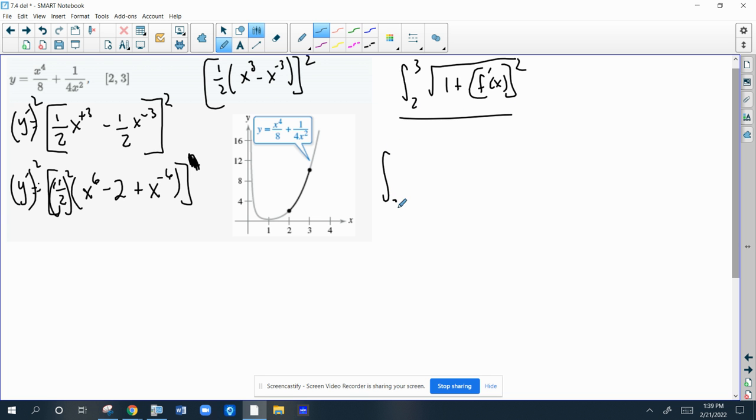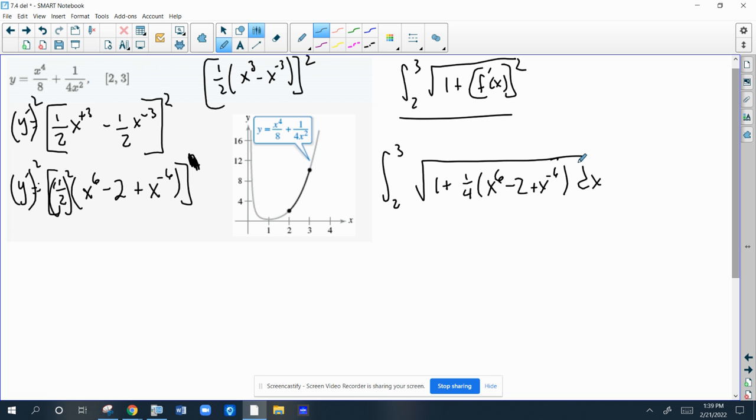So I'm going to integrate 1 plus 1/4 times x to the 6th minus 2 plus x to the negative 6.